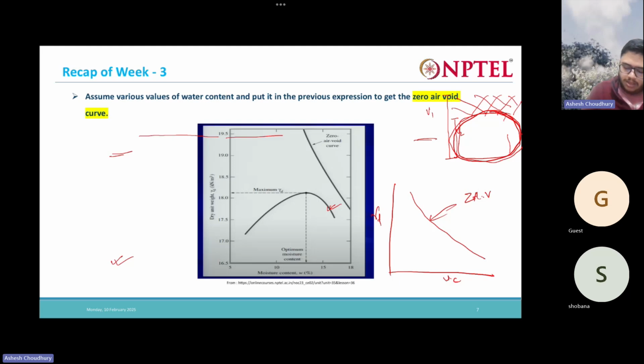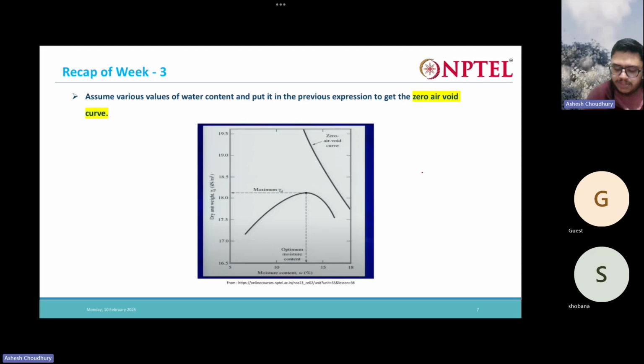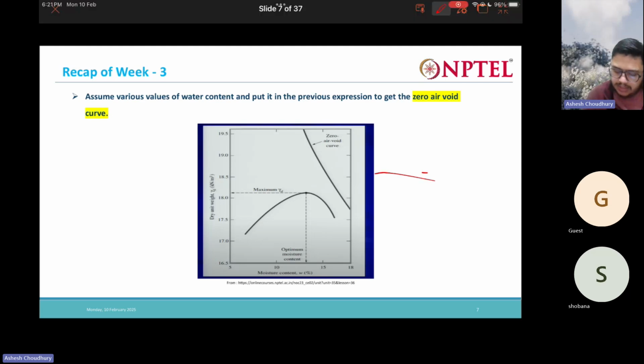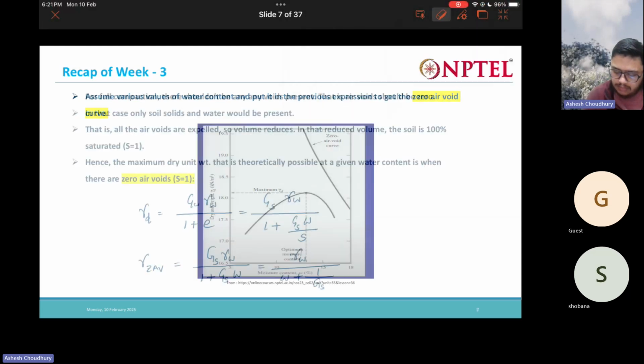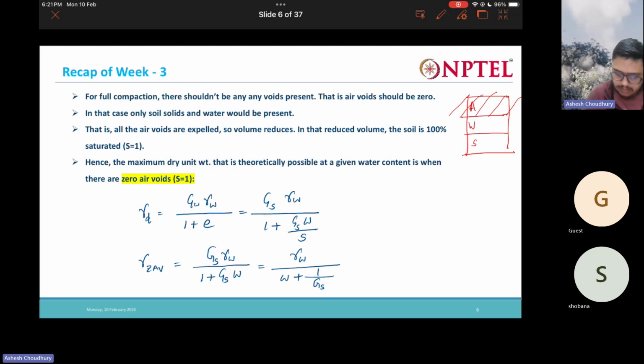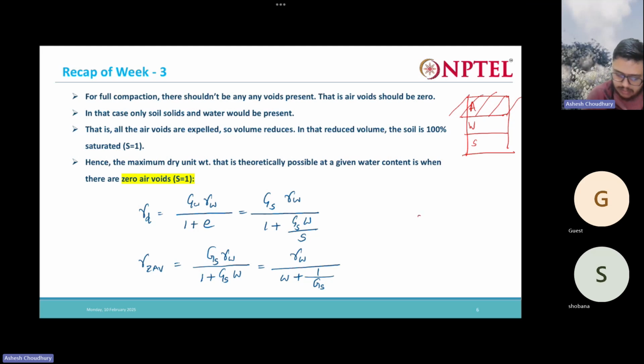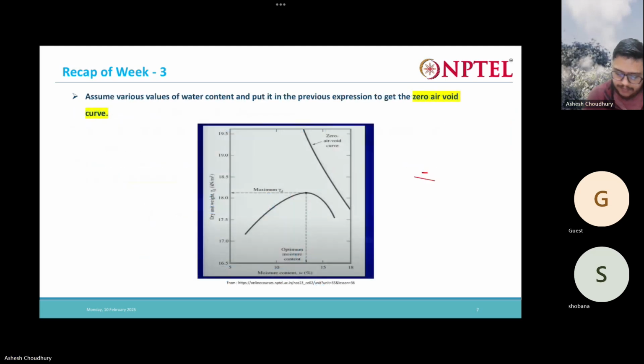So assume various values of water content and put them in the previous expression that we already discussed, to get the zero air void line. Right, so this is our zero air void curve. The zero air void curve will always be at some distance from whatever practical maximum dry density you have achieved.